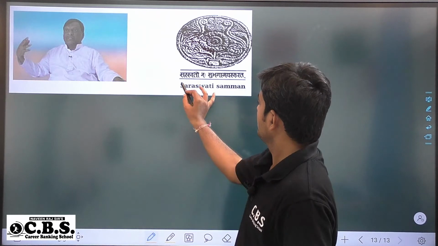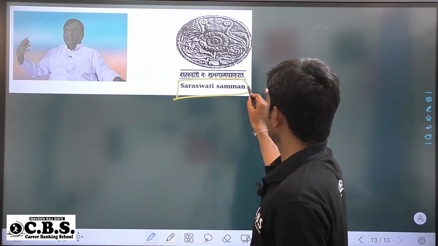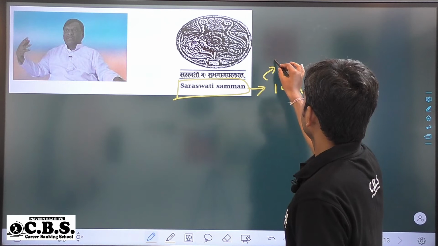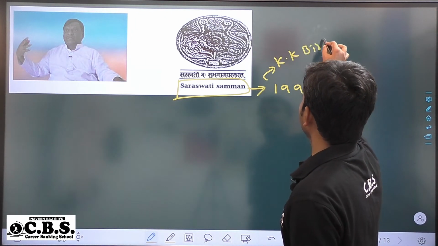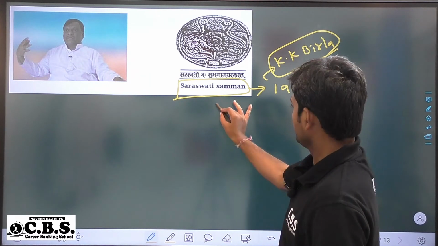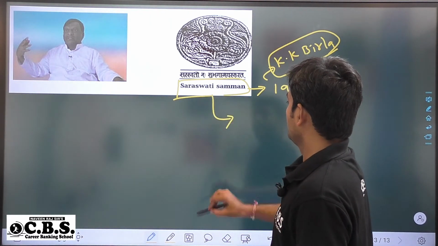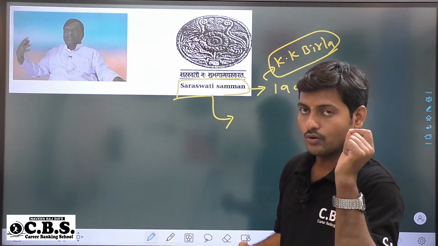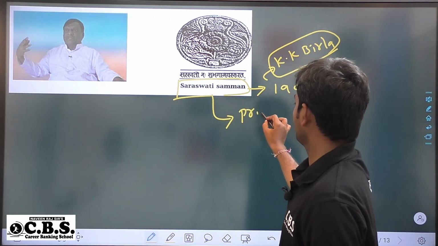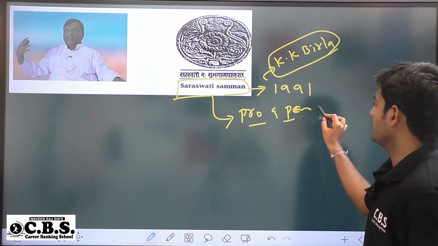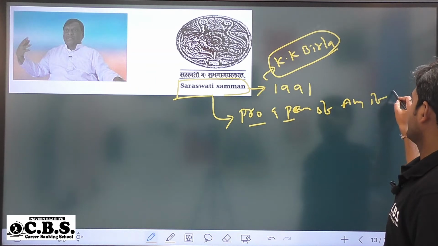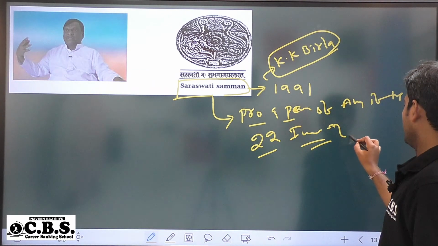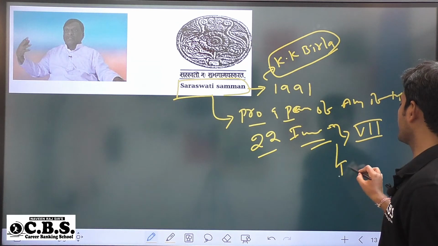Next one. Saraswati Samman. This award was instituted in the year 1991 by Krishna Kumar Birla Foundation, that is KK Birla Foundation. This award is given to novelists for their outstanding contribution to the prose and poetry of any of the 22 Indian languages listed in the 7th schedule of Indian Constitution.